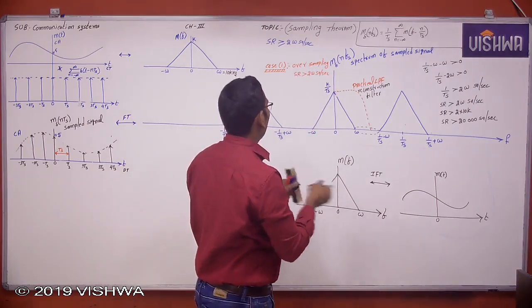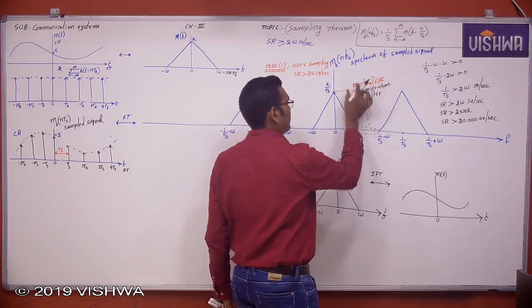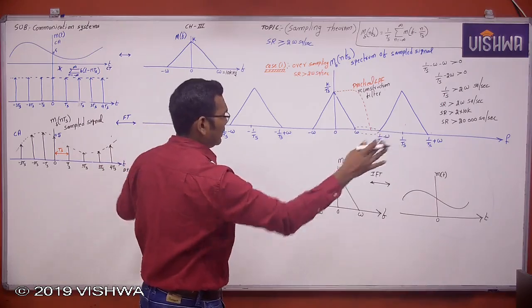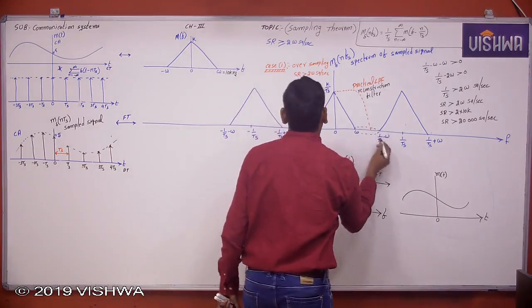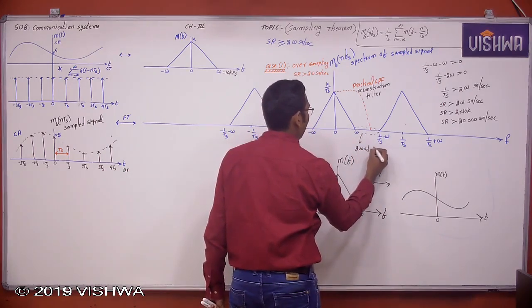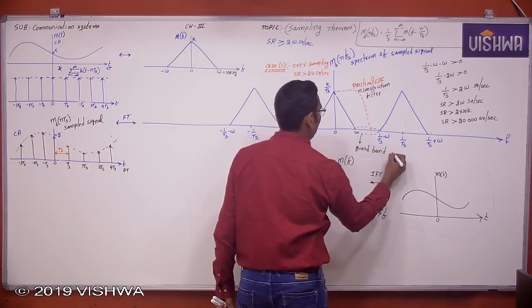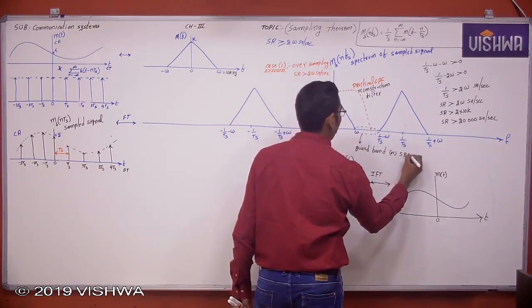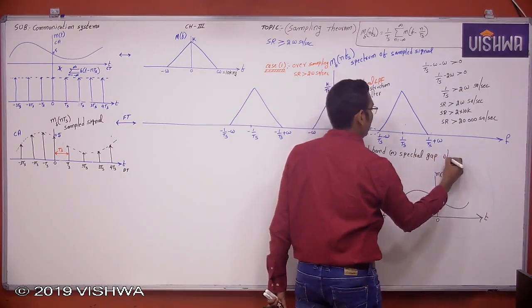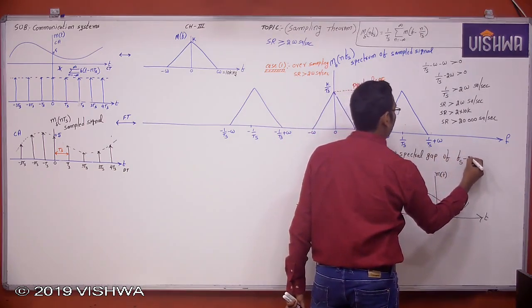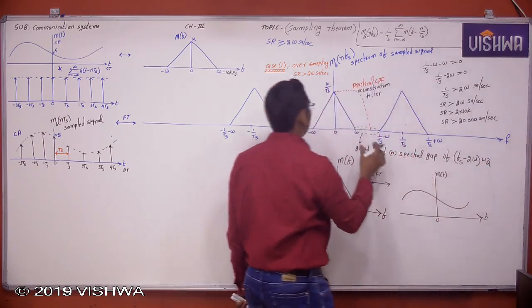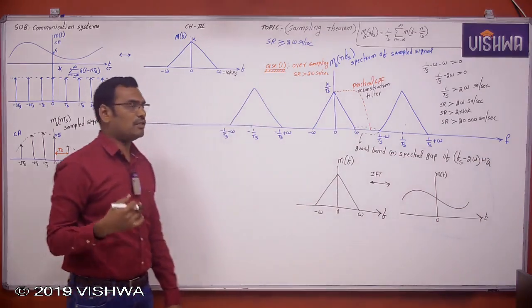The advantage of oversampling is that reconstruction is possible with the help of practical filters. Of course, the disadvantage is that bandwidth increases, which is not a problem. And there is a spectral gap. What is this spectral gap? This is the guard band or spectral gap of Fs minus 2 omega hertz, so that reconstruction is very easy.